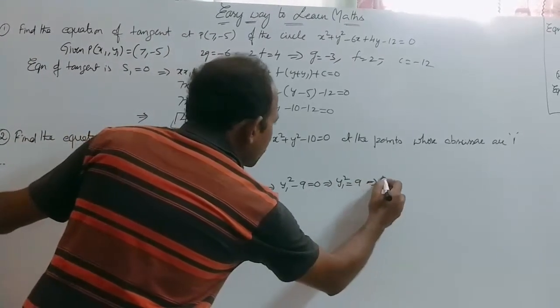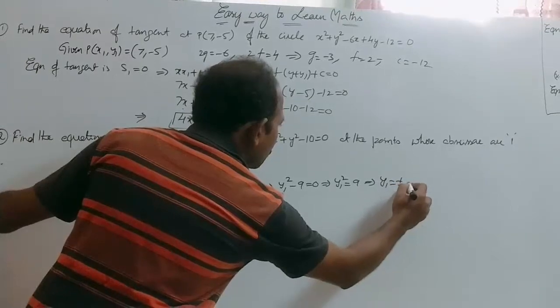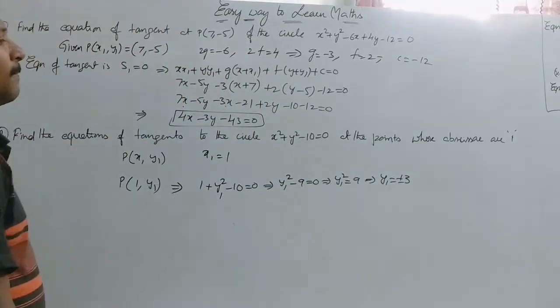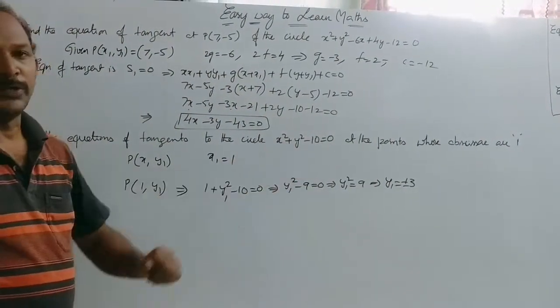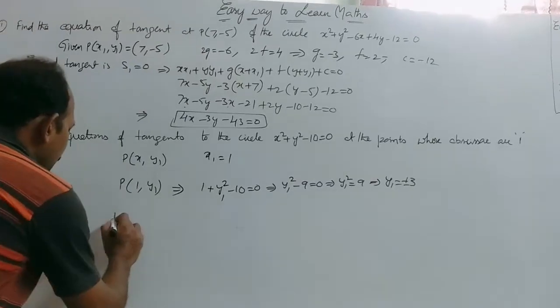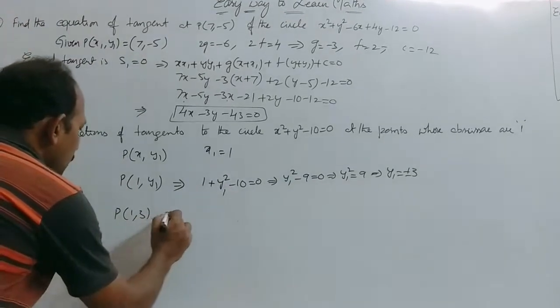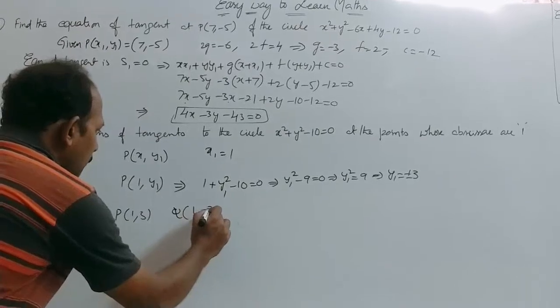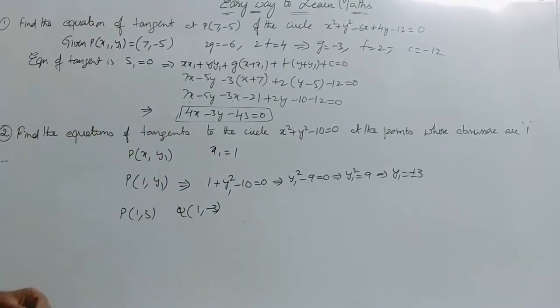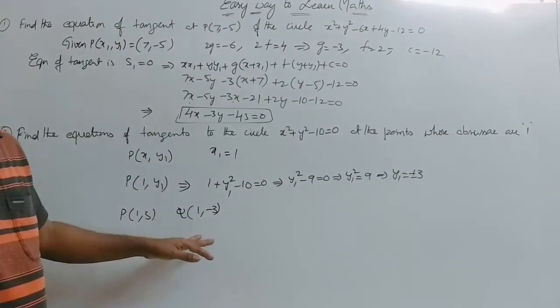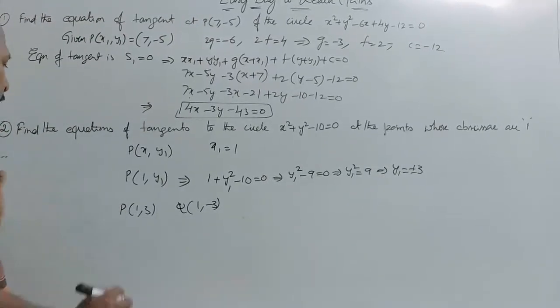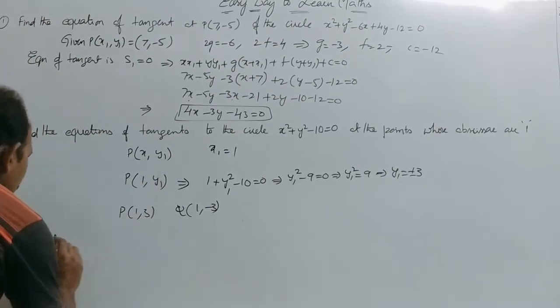That implies y1 is equal to plus or minus 3. These are ordinates. Therefore, the points are P(1, 3) and Q(1, -3). Now, at these 2 points, we have to find 2 tangents. Now, let us find the tangent at P(1, 3).